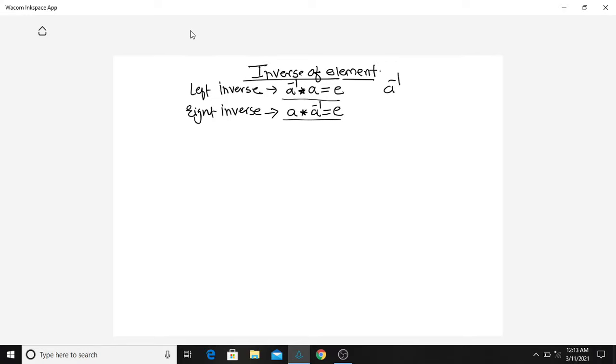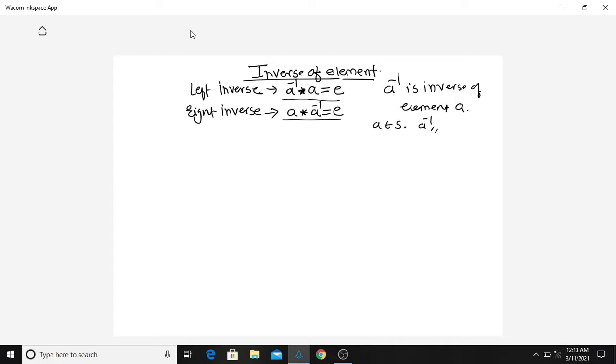So A inverse is the inverse of element A. For every element A that belongs to the set S, A inverse should exist.